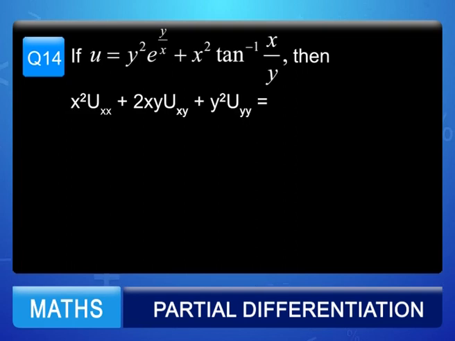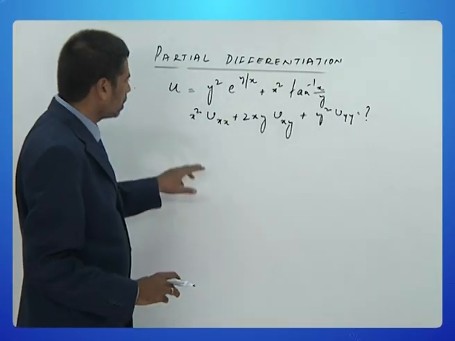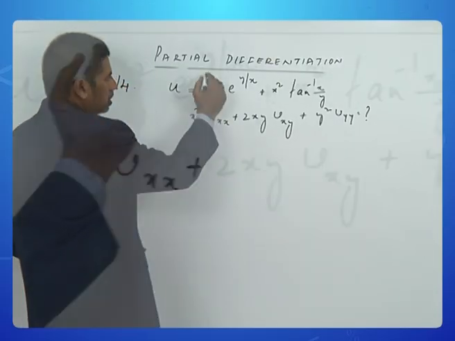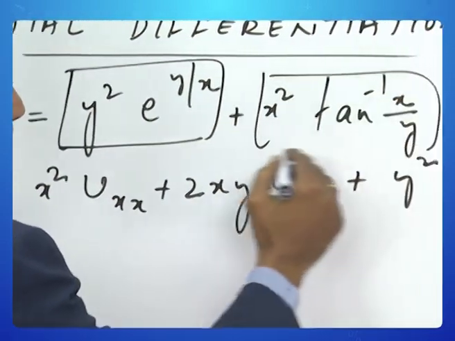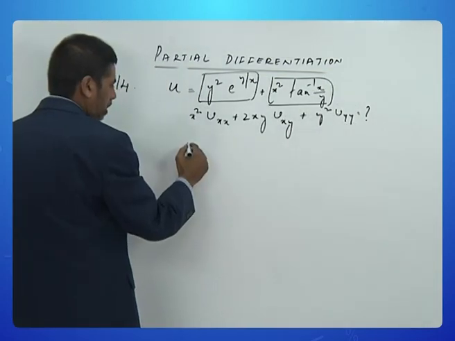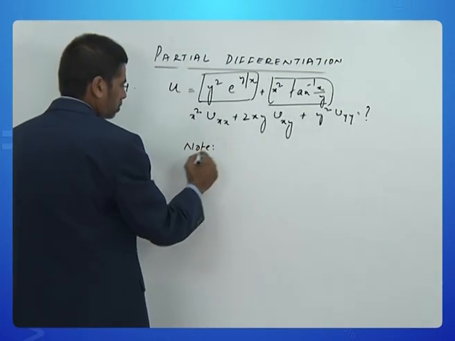In question number 14, u is equal to y squared e power y by x plus x squared tan inverse x by y. The problem is to find x squared u_xx plus 2xy u_xy plus y squared u_yy. Now please observe that there is a pattern in this and there is a pattern in this. Let us write it as a small note.